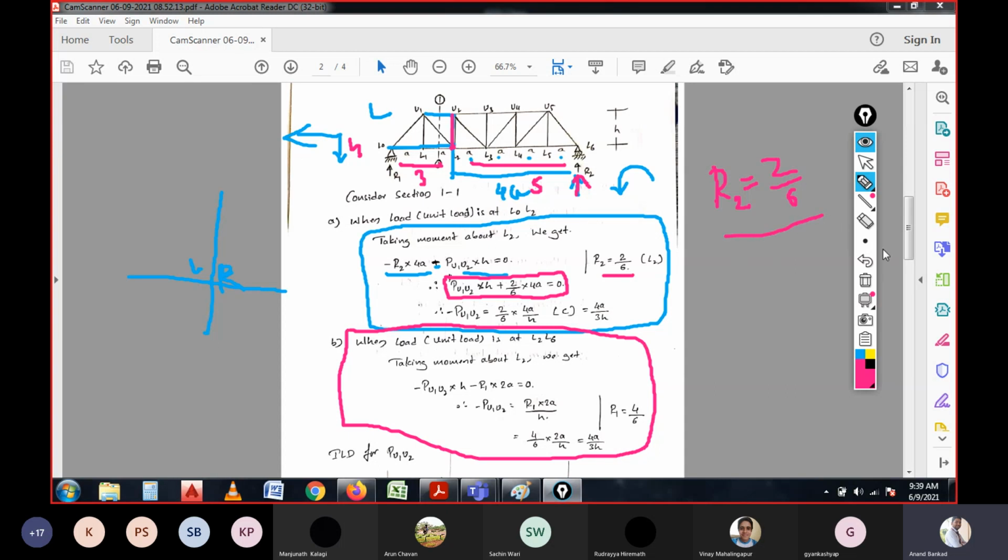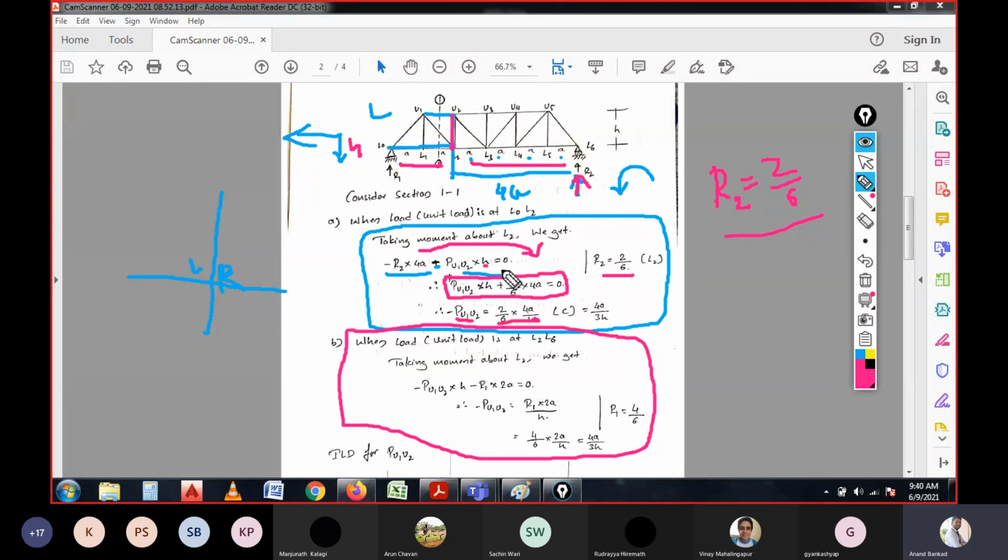But here we have 2 times of A and the remaining 4 times 6 of the total span. So that is what the value is substituted over here. So just P U1 U2 is written, and R2 for A will be taken to this side, which will be like this, 4 to A, that is R2 by 4A.